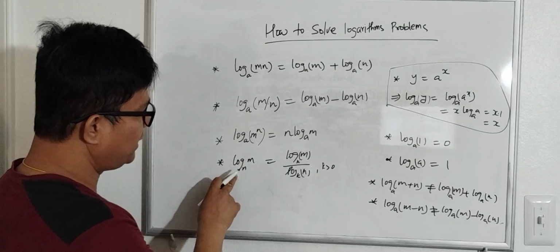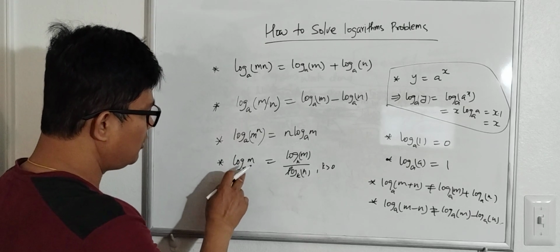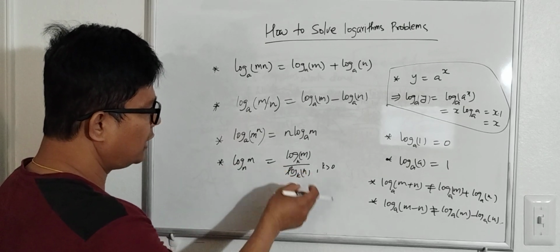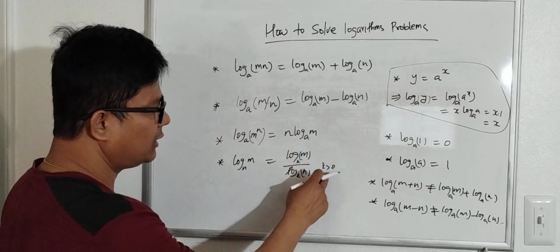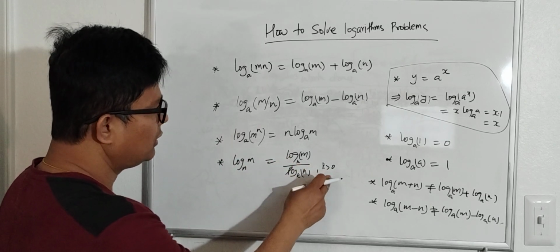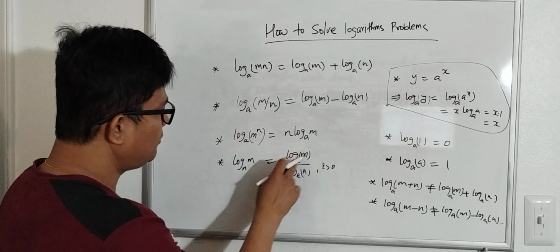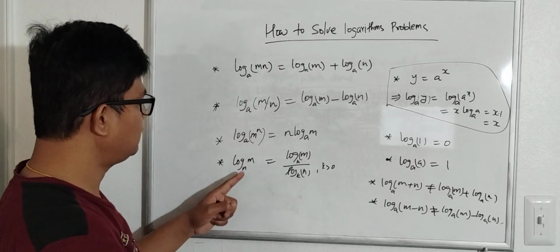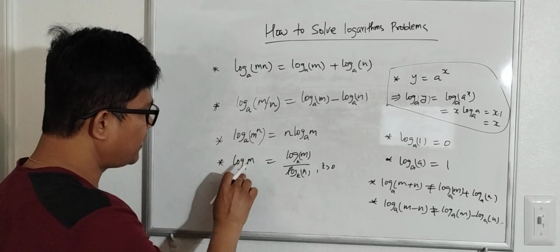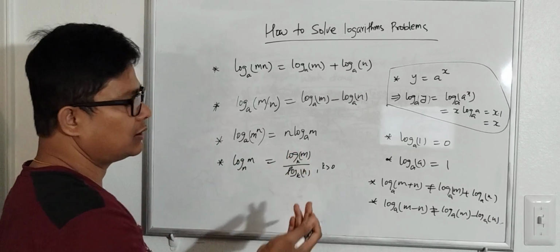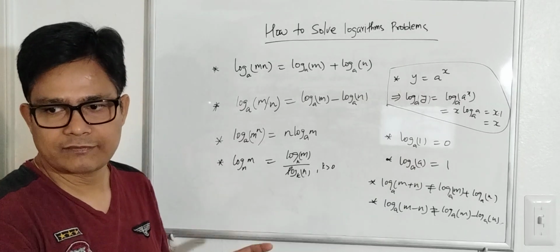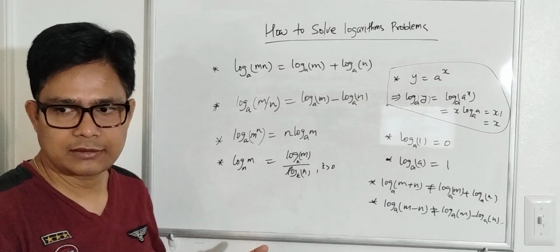And this is the change of base. Let's say you have log n m, so you can take another base, let's say k, which is greater than 0. You can say log k m divided by log k n. So basically log m divided by log n using another base. So these are the formulas we learned in the previous discussion.